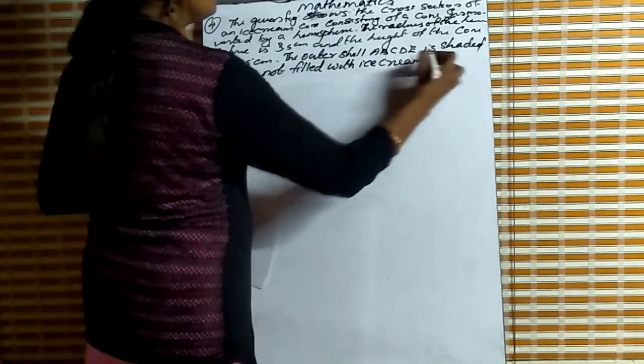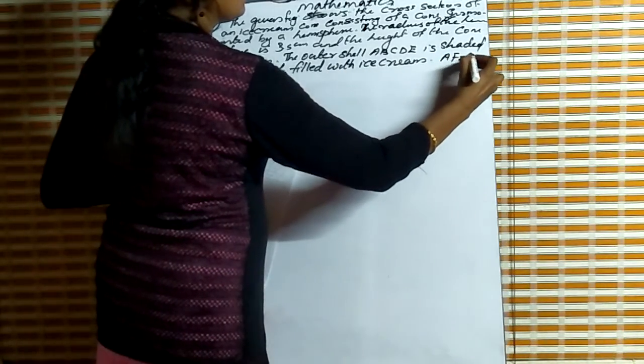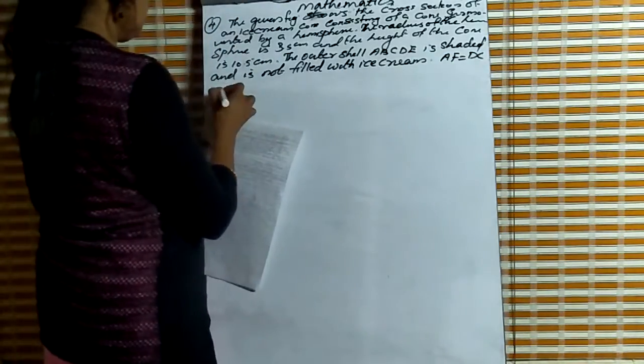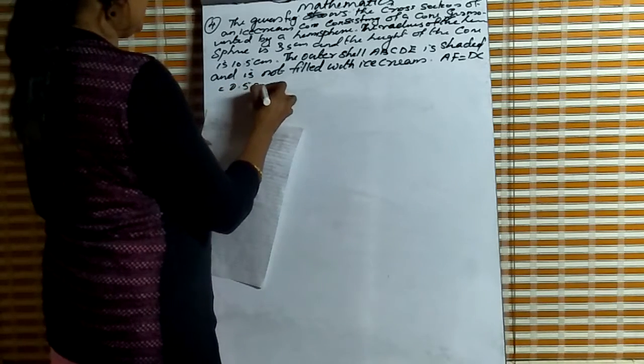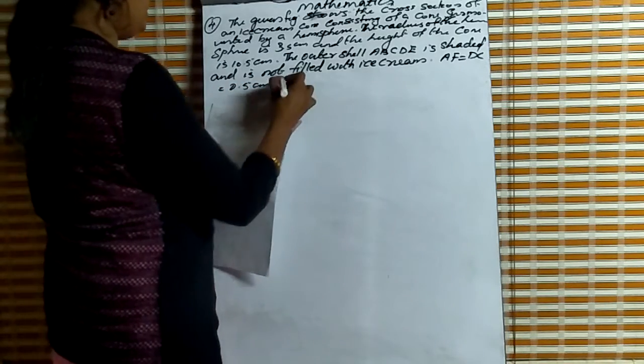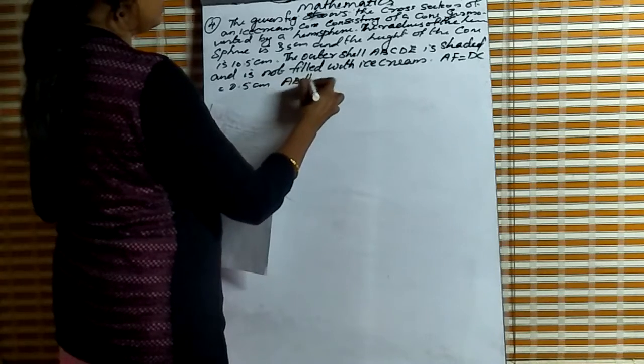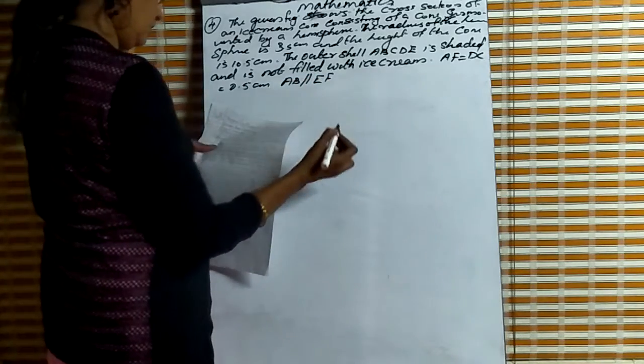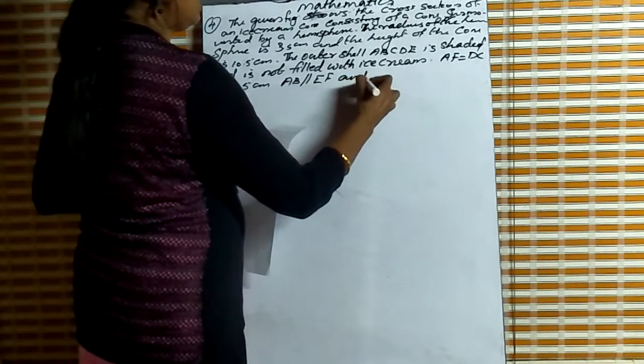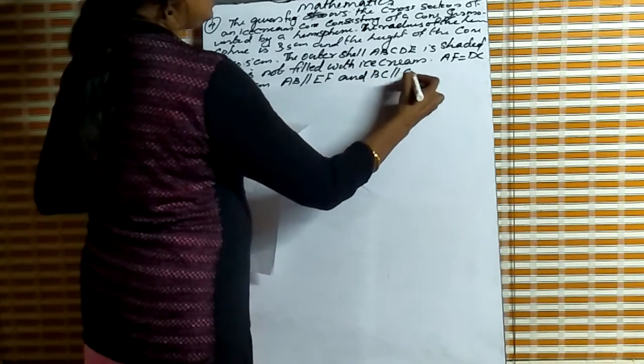AF equals DC equals 0.5 centimeter. AB parallel EF and BC parallel ED.